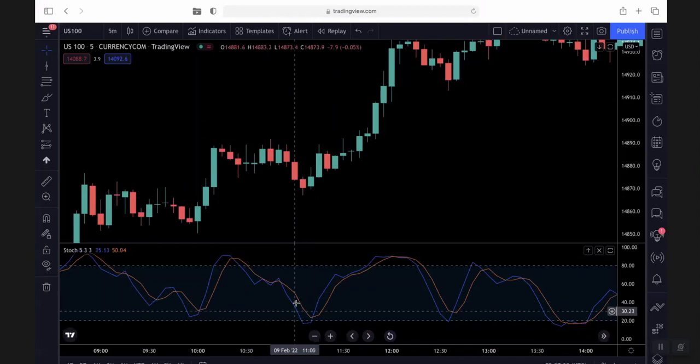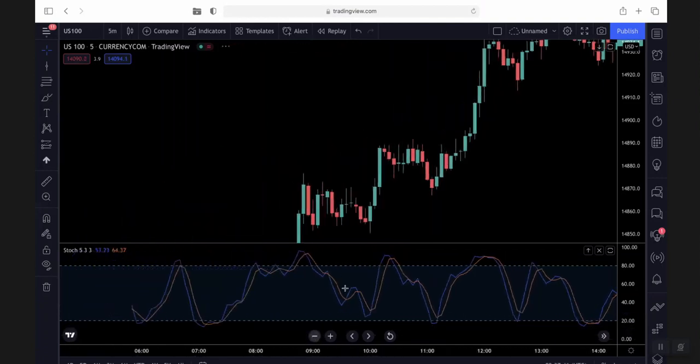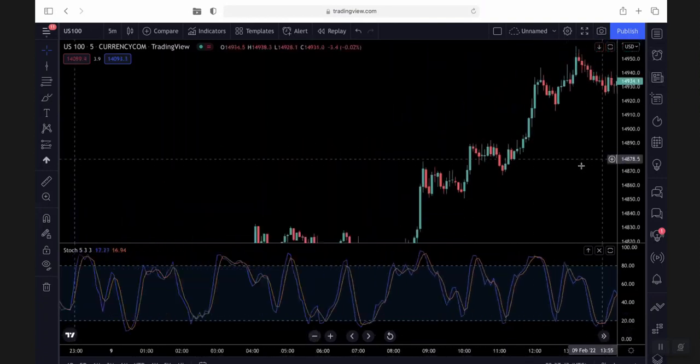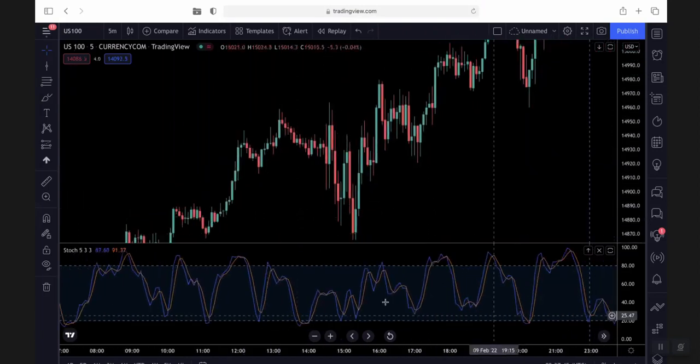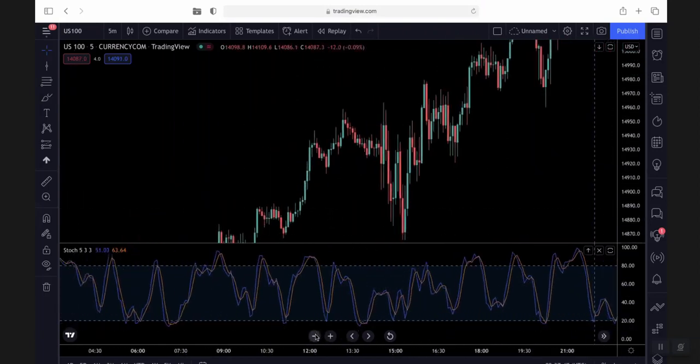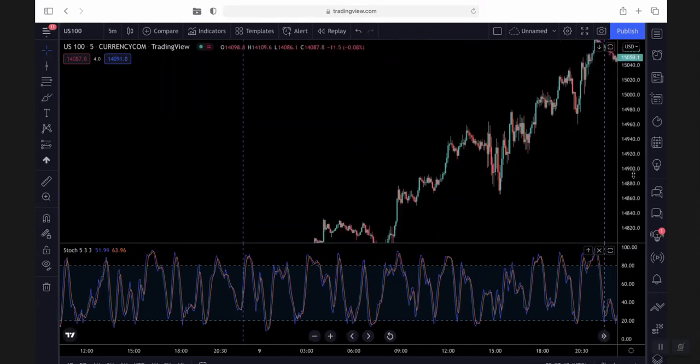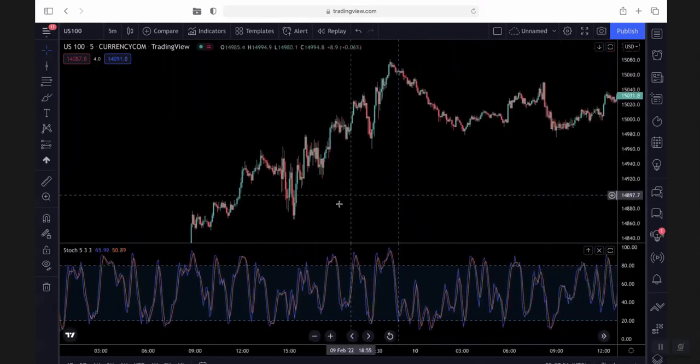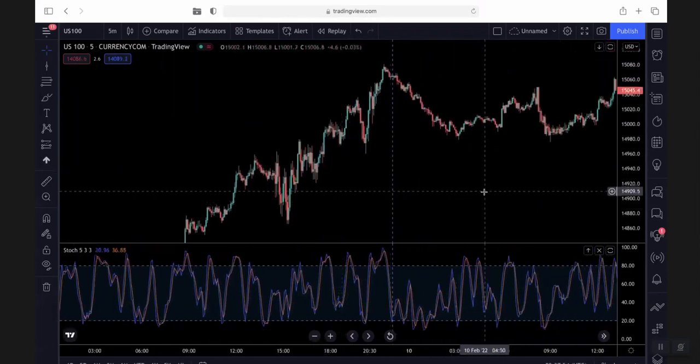But in this case, the 1 minute and 5 minutes are saying the same beautiful thing. So in that case, you know high probability is there. That's why you see there was a very nice sustainability from there.